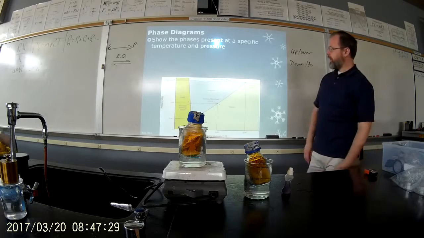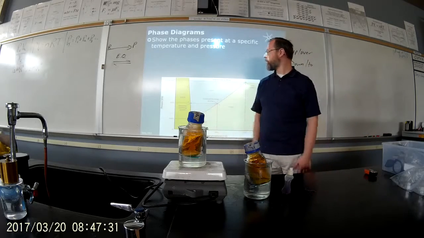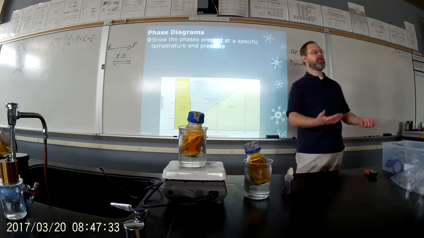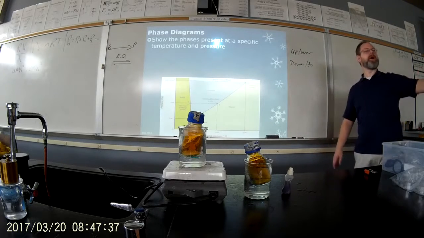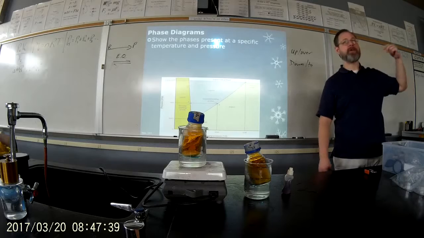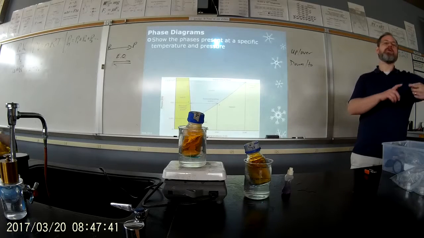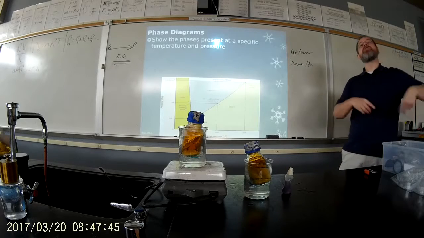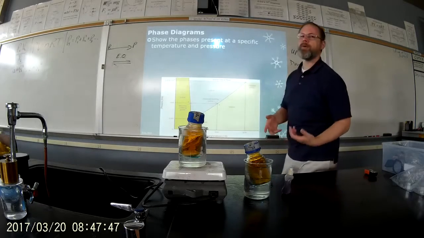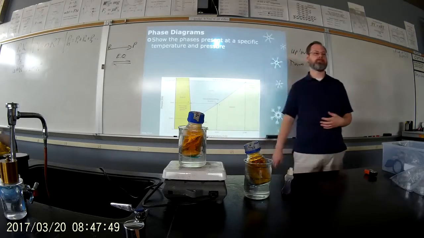It says, based on the temperature you have and the pressure you have, this is the state of matter you will have. You need to do the following two things. You're going to do this in tomorrow's activity, in tomorrow's lab. You need to draw a phase diagram based on data, and then use a phase diagram to determine a state at a pressure and temperature.